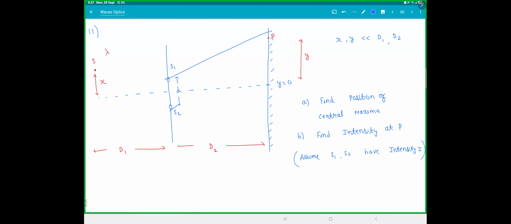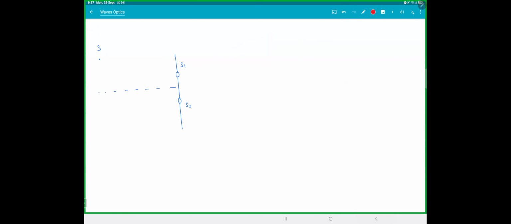If you ask the slits about P and if you ask the slits about S, do slits differentiate between S and P? Whatever you do on the right hand side, you can do the same thing on the left hand side, isn't it? For the two slits, P is a point, S is a point. That means I can play the same story here again. So we will draw a line like this.